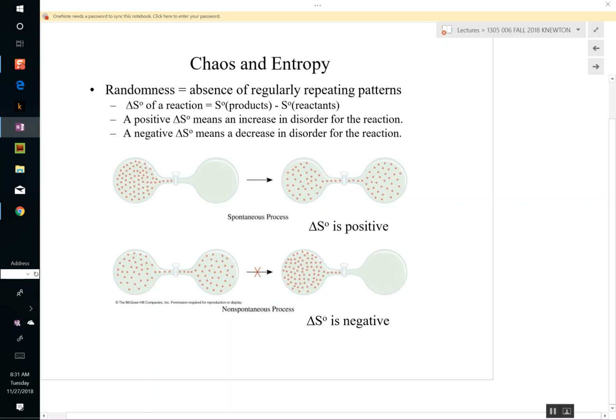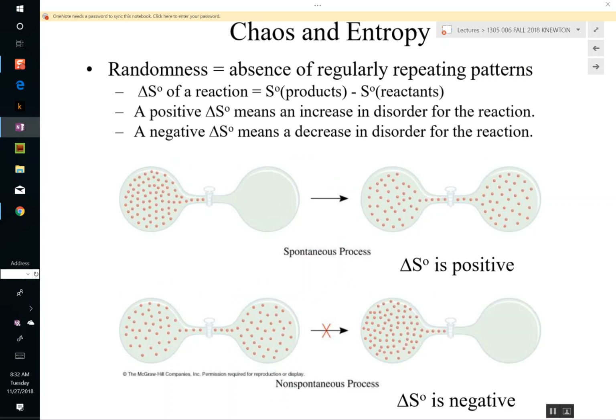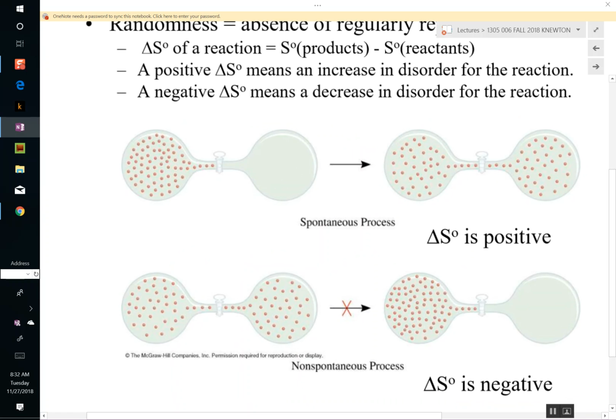Let's look at this. Here's a system that has some order to it. Let's pretend here's two flasks. It's kind of hard to see, but there's a valve right here. So let's say this is full of air, but over here we have a fragrance, and this side over here, no fragrance.